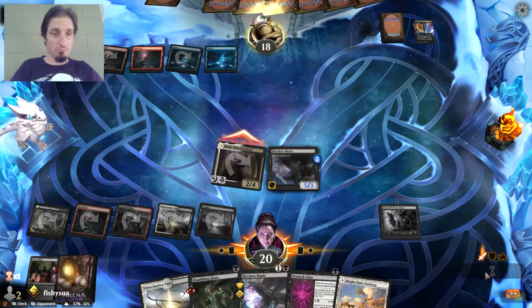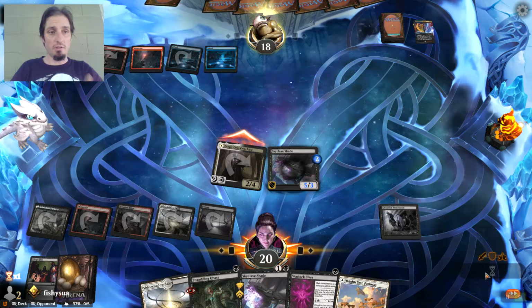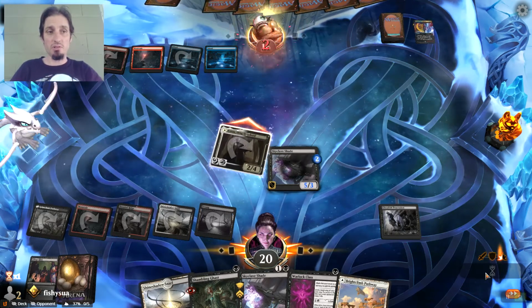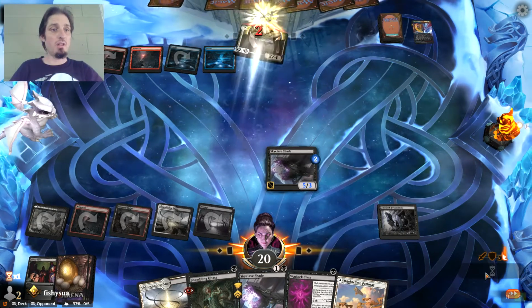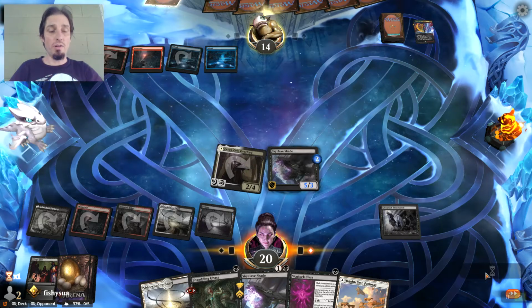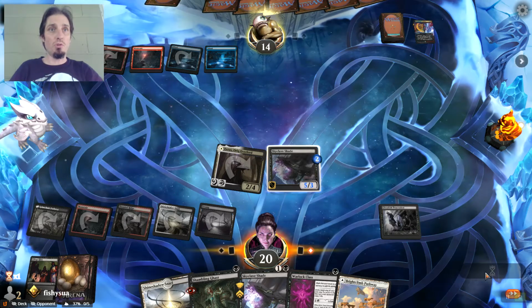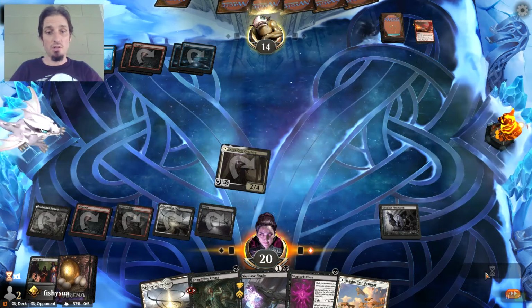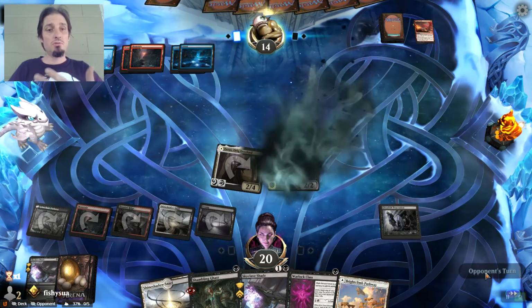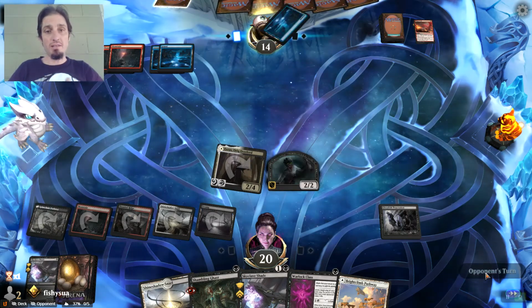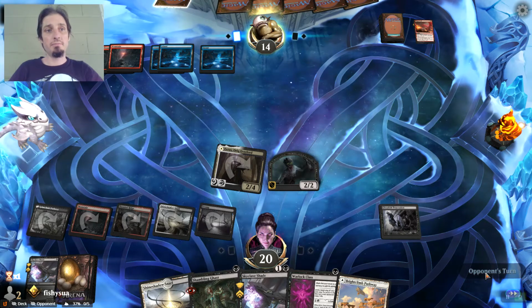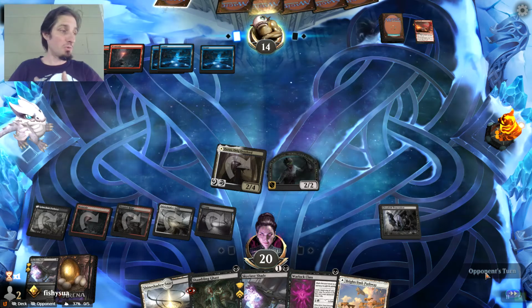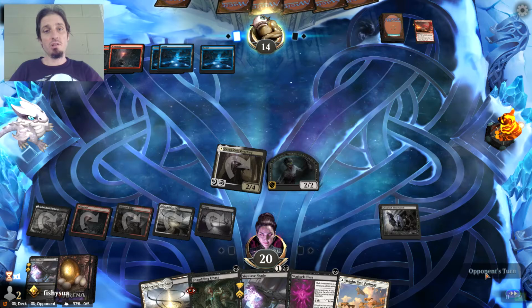So we want removal or interaction that is incredibly flexible, and proactive elements that are always available to us. We subordinate by ridding ourselves of cards that are the opposite, cards that are too dependent on synergy to be worth playing alone, because we're going to be in top deck mode some fraction of the time.